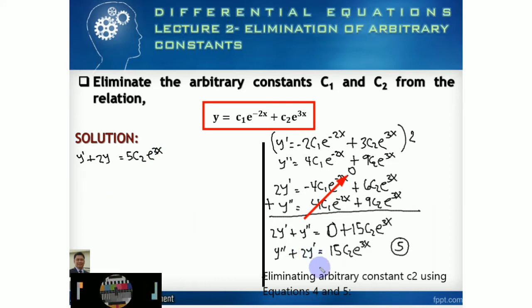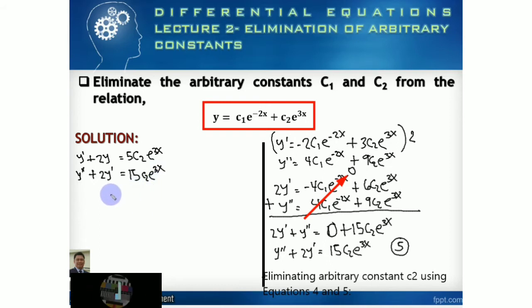And this will be our equation 5: y double prime plus 2y prime is equal to 15 C2 times e raised to the power of 3x.